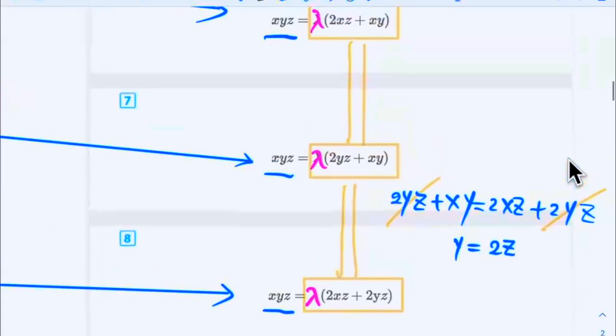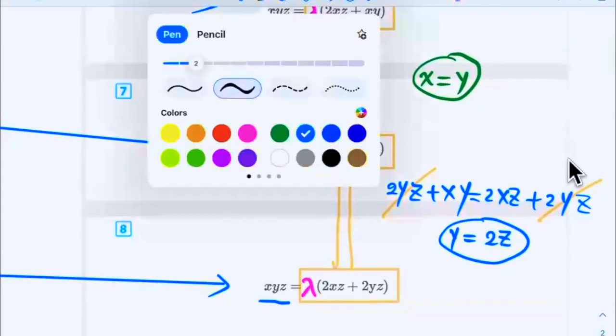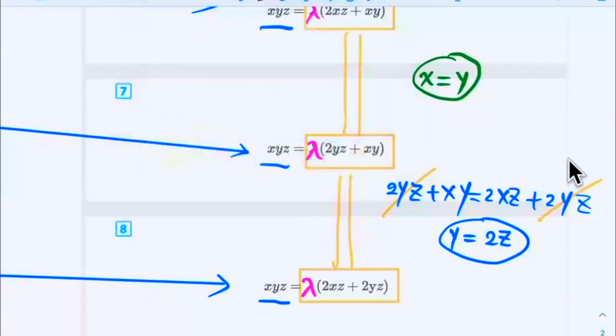And from above, we just talked about that we got x equals y, right? So we get x equals y, and we also get y equals 2z. So putting them together, x equals y, and that equals 2z, right?